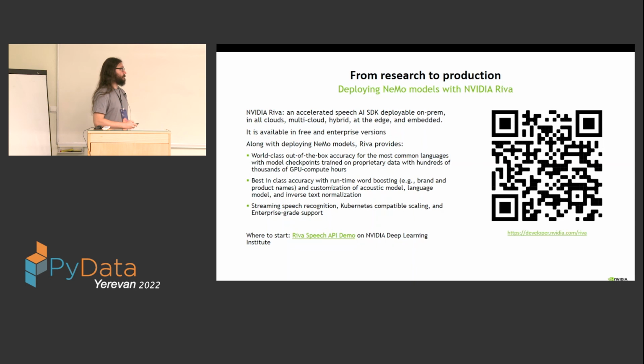They are sometimes even better than NeMo models because they can use proprietary data, and checkpoints from NeMo are trained on data with non-prohibitive licenses. And yeah, it supports streaming. It is Kubernetes friendly. And again, it has support.